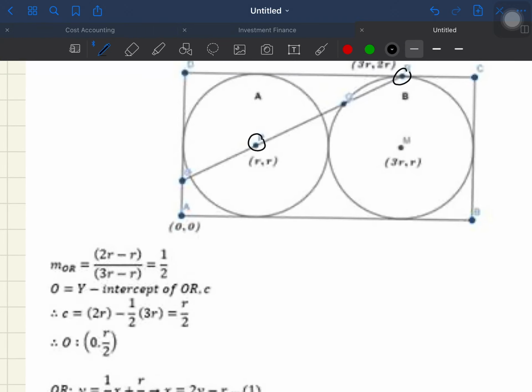The gradient I denote as a small m of the straight line O.